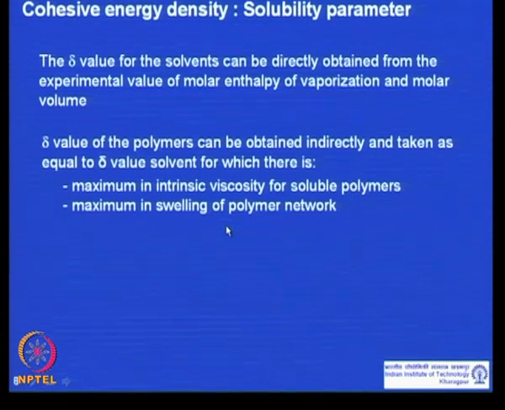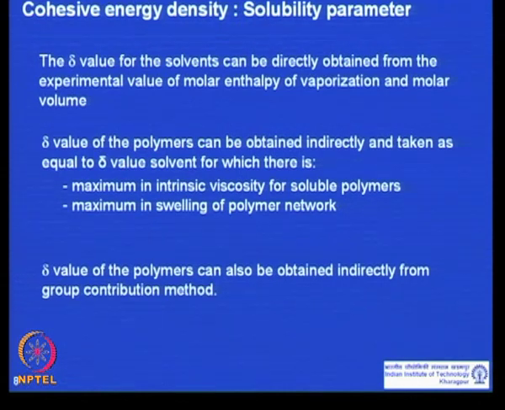If you are talking about linear polymers, then the intrinsic viscosity of the polymer is measured in several common solvents, and in the solvent where the polymer gives the maximum intrinsic viscosity, the solubility parameter of the polymer is taken as the same as the solubility parameter of that particular solvent. So, this indirectly tells us that delta 1 and delta 2 are the same, giving the maximum solubility or maximum intrinsic viscosity for that polymer.